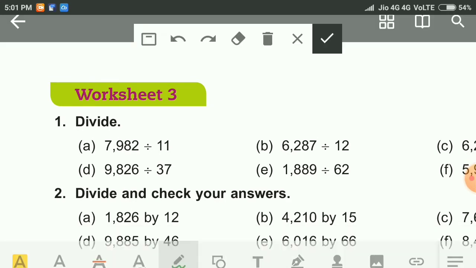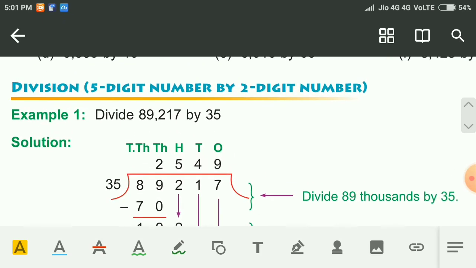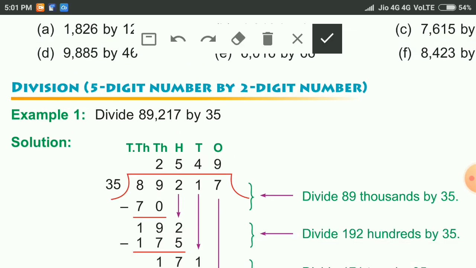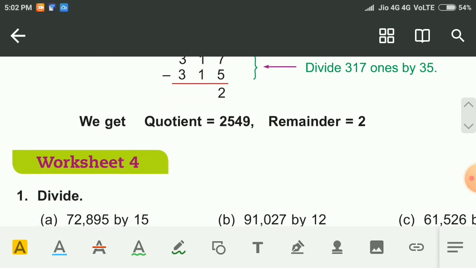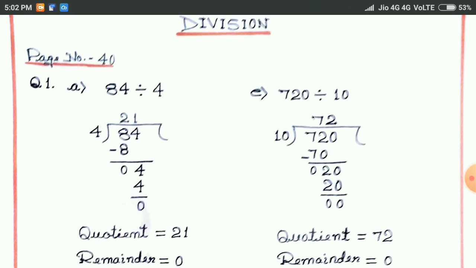Question number 3, we will do it on the next page. Similarly, we can divide 5-digit number by 2-digit number also. On the next page, we will do all these questions and worksheets. We start from this page.